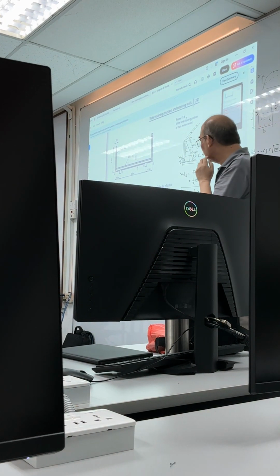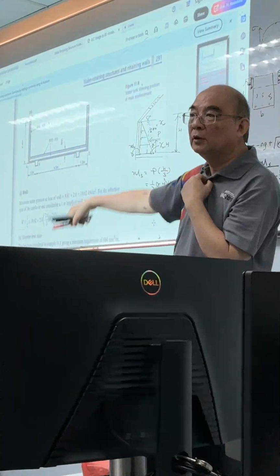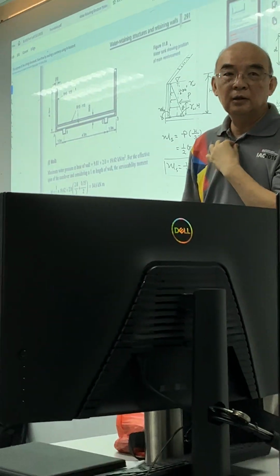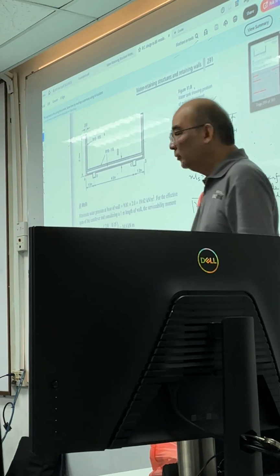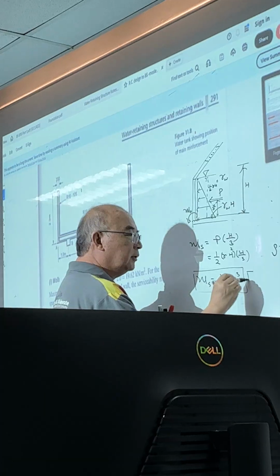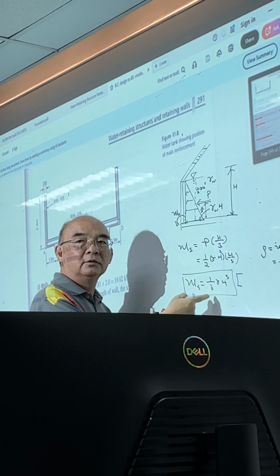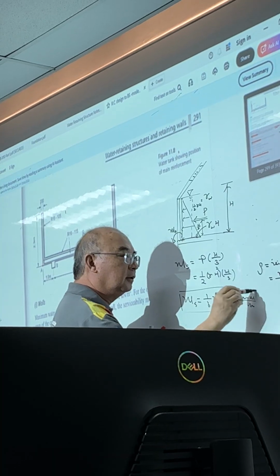So next time you just write the formula. No need to go through this. Just say it's 1/6 of gamma H cubed. And this unit here is kilonewton meter per meter.